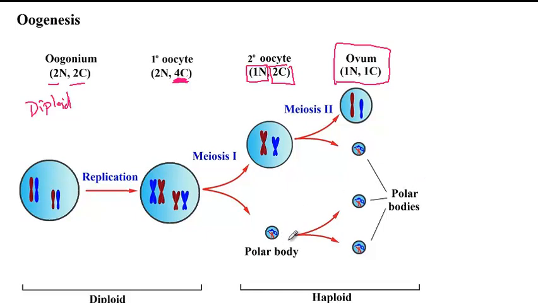And polar bodies are formed due to asymmetric cell division, because once an egg is being formed, the body wants to get as much cytoplasm and organelles for that egg, because that egg is going to combine with the sperm. Sperm doesn't have really much material. Indeed, all our mitochondria come from the mother's egg, right?